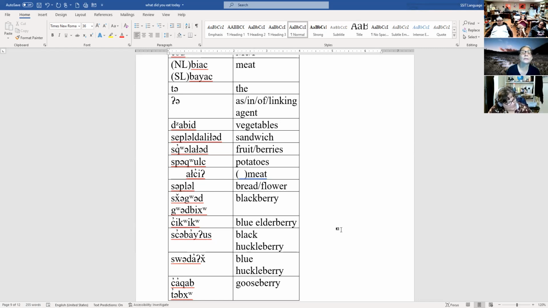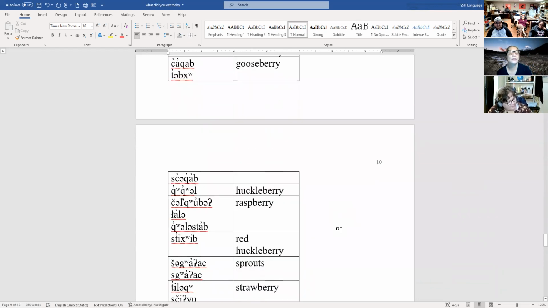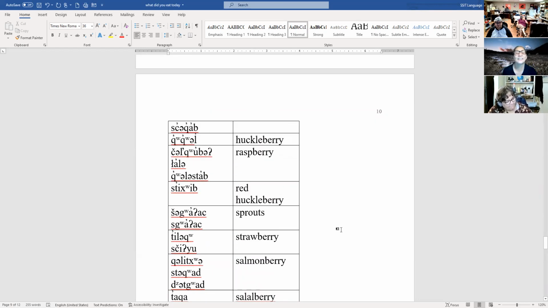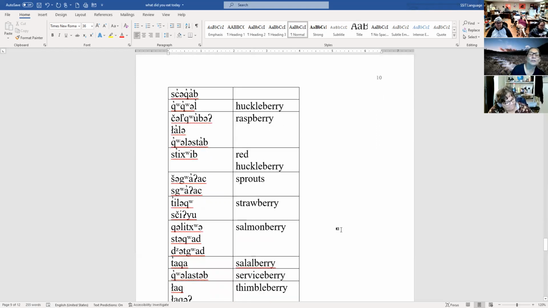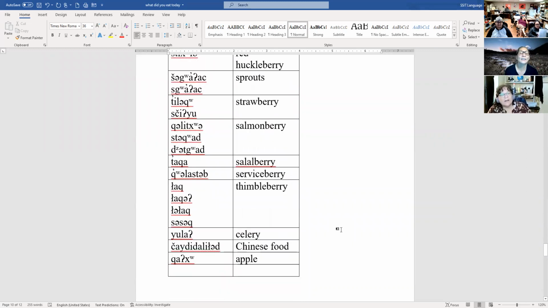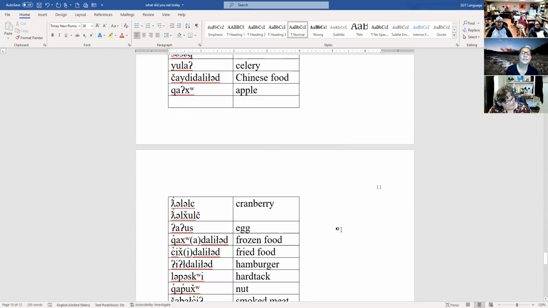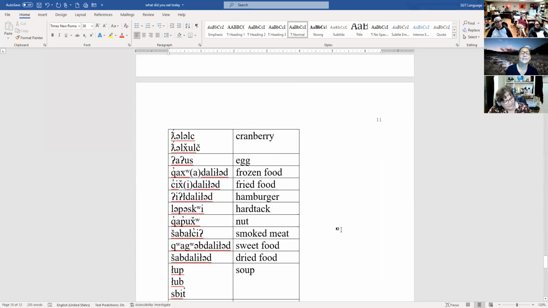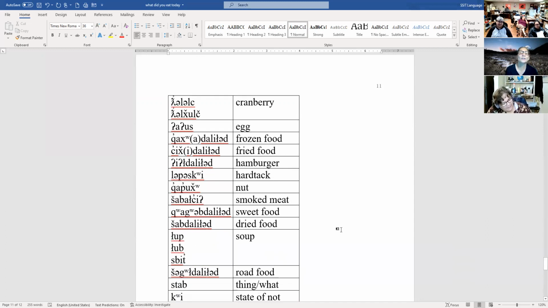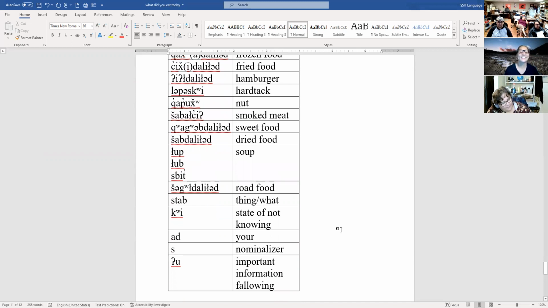Fruit or berries, huckleberry, raspberry, red huckleberry, sprouts, strawberries, salmon berries, salal berries, service berries, thimbleberries, celery, Chinese food, apple, cranberry, eggs, frozen food, fried food, hamburger, hardtack, a nut, smoked meat, sweet food, dry food, soups, road food.